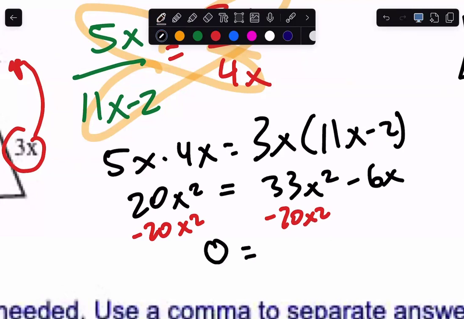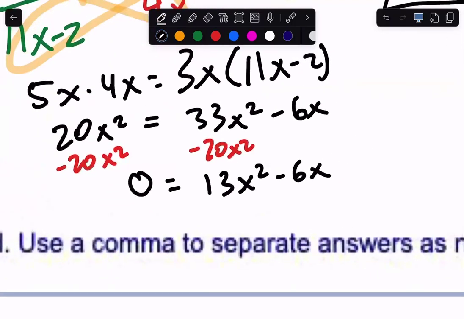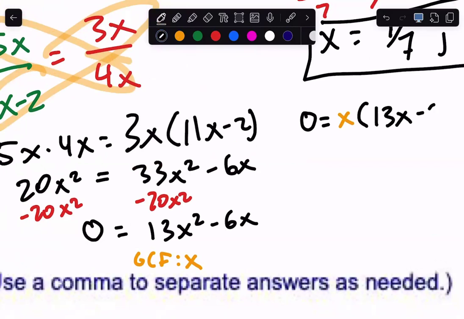Zero equals 13x squared minus 6x. And then you just have to factor the GCF, which is x. So if I factor out an x, I'll be left with x parentheses 13x minus 6.